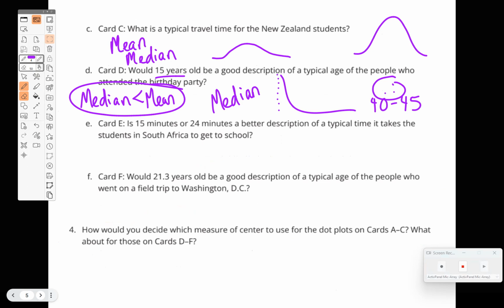Card E. What are we looking at? Card E. Students going to South Africa to travel to school. So is 15 or 24 minutes a better description? Which one do you think? 15 or 24? 15. I'm hearing 15. Trevor, can you explain why 15 minutes would be a better indicator?